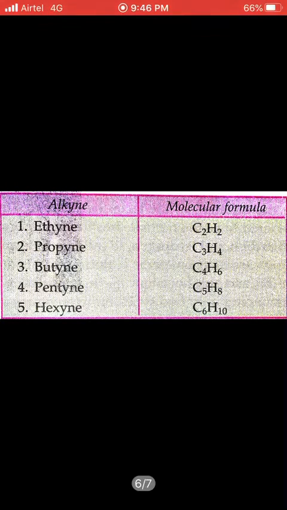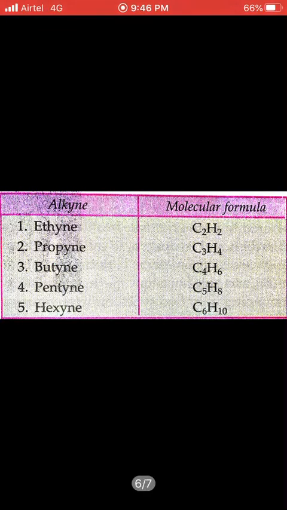Always keep this in mind, it represents triple bond. So ethyne: eth means two carbon, yne means triple bond, and hydrogen is attached. Now how will we identify the number of hydrogen?